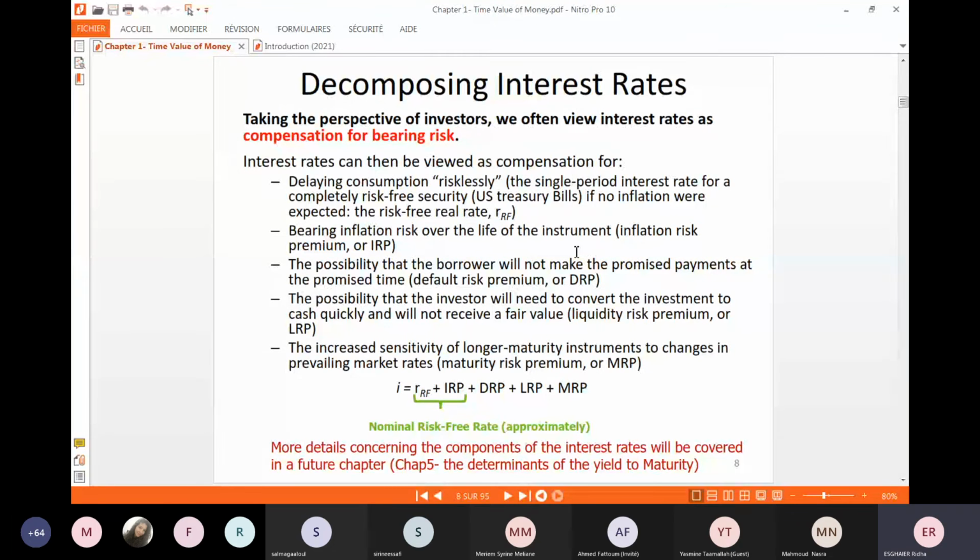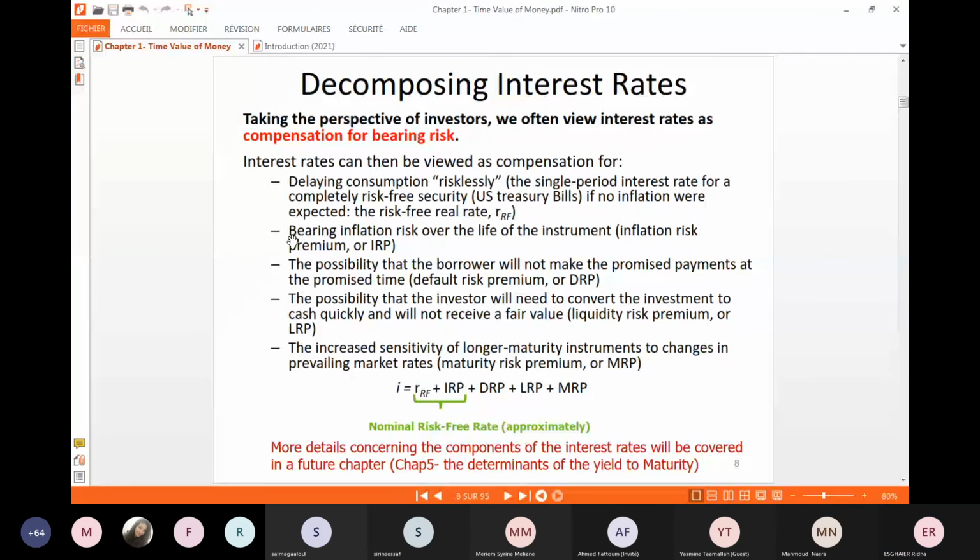So according to the inflation rate, you will demand, in addition to the risk-free rate of the first component, an additional premium, an extra return, we call it an extra interest. And this extra interest is a compensation for the inflation risk. So we call it the inflation risk premium.